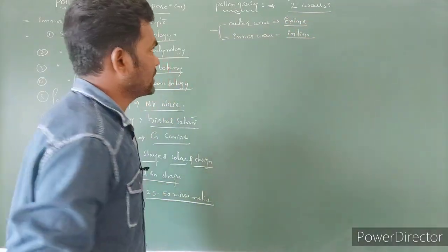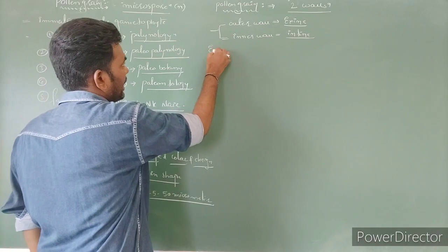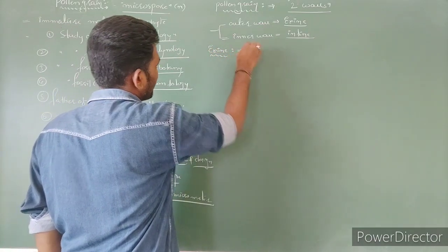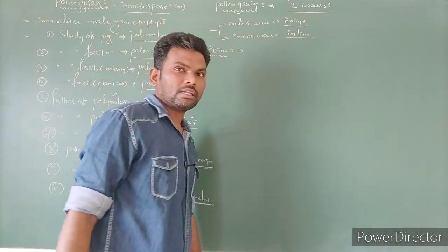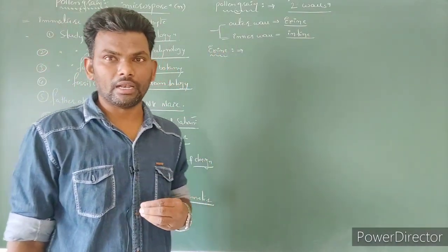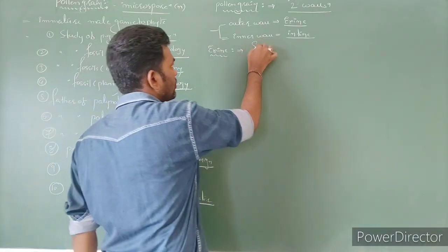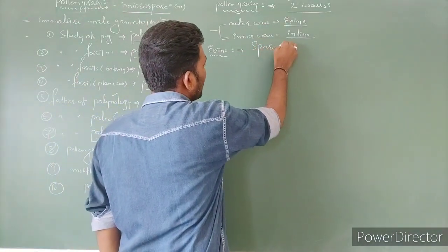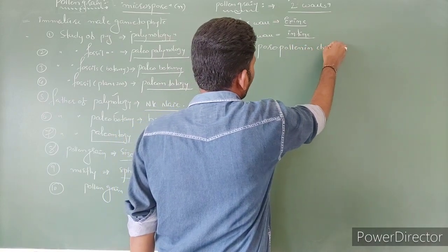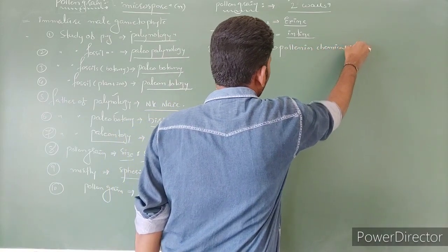Let's start with the exine layer, or exine wall. It is outermost. In most species, the exine layer is made up of the chemical compound sporopollenin.